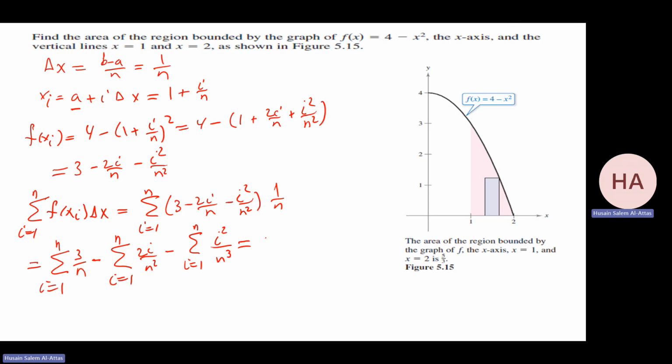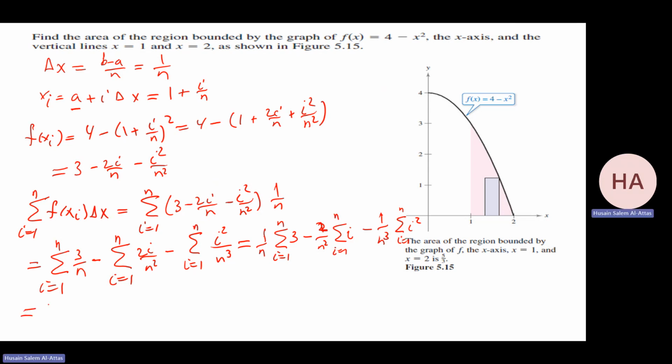The first one, I can take 1 over n outside, and the remaining is summation i equals 1 to n of 3, minus 2 over n squared times summation of i, minus 1 over n cubed times summation of i squared. Okay, plug the numbers now.